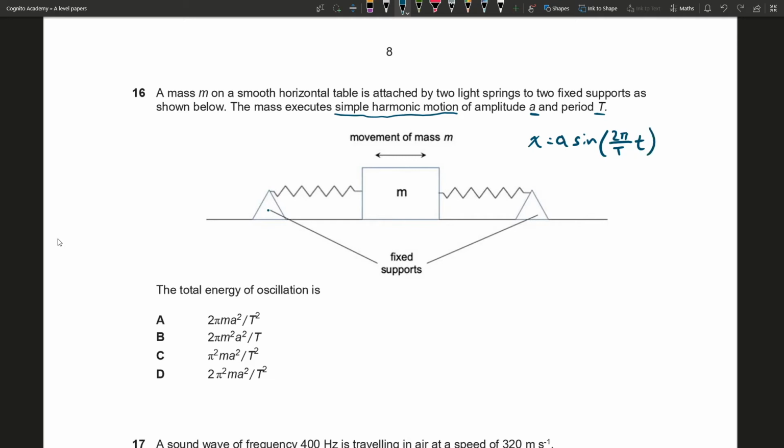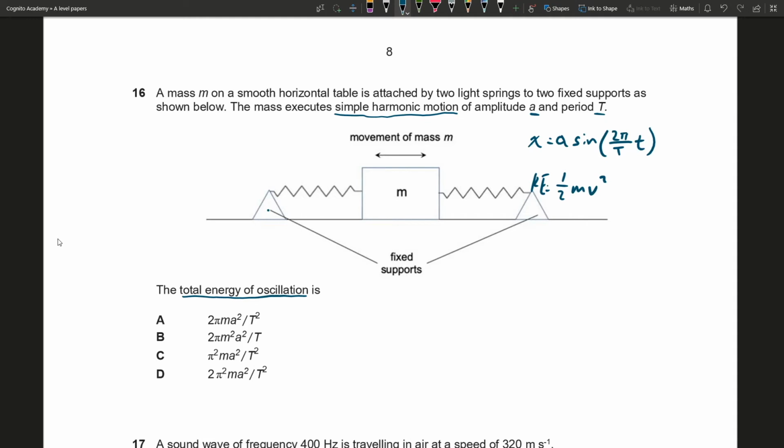And then we are asked what the total energy of oscillation is. What we can do to find the total energy of oscillation is to find its kinetic energy when it's at the center of oscillation, because at that point all the energy is kinetic energy, and the kinetic energy is equal to half m v squared.